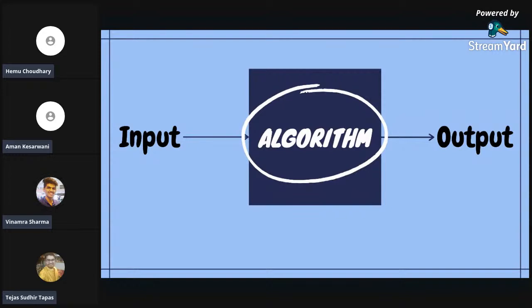So computer science can basically be defined as a process of solving complex, linear, non-linear, or any formulated problem based on the input, and over that it provides an output. This is the only thing.